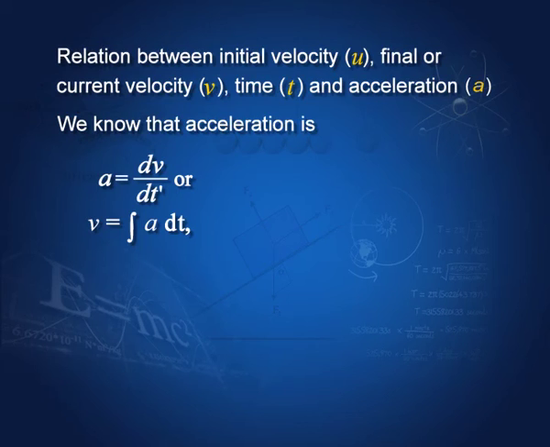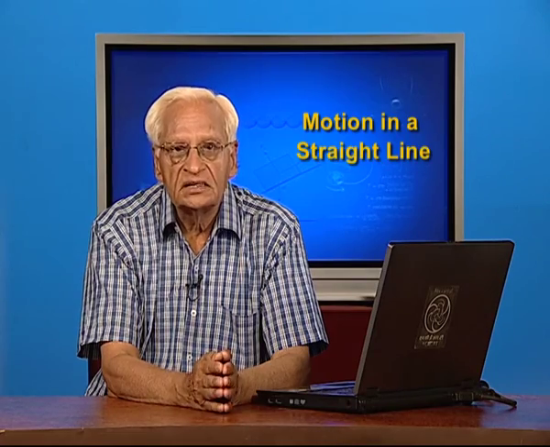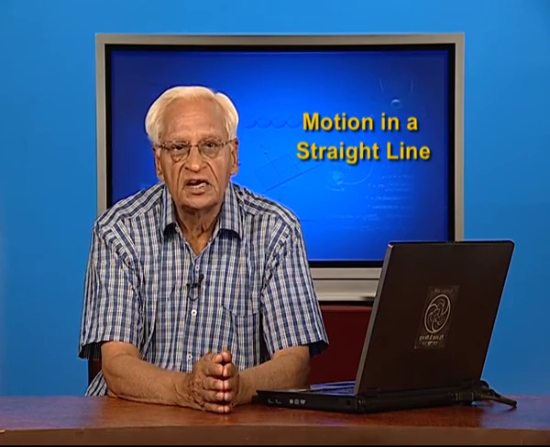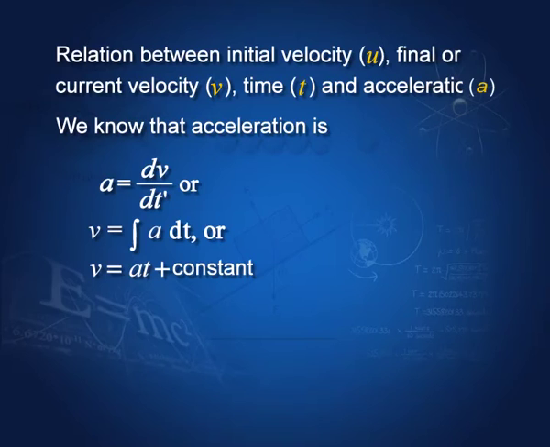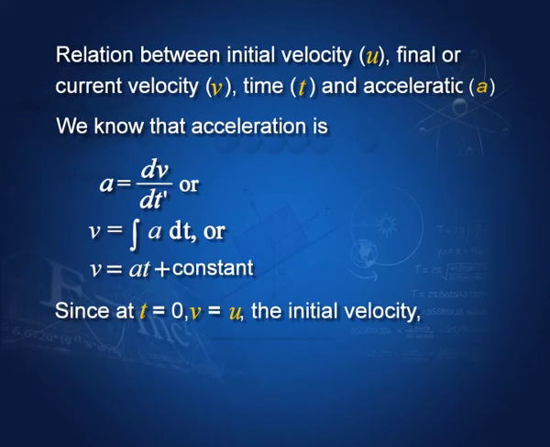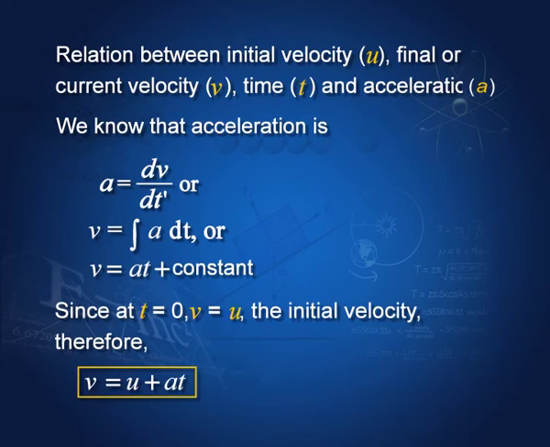So, we integrate this and we get v equal to integral of a dt, or v is equal to a t plus a constant. The constant is determined by the initial conditions. We say at time t equal to 0, velocity is equal to the initial velocity u. Therefore, we get the equation v equal to u plus a t, because the constant becomes u.